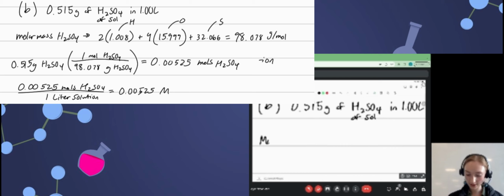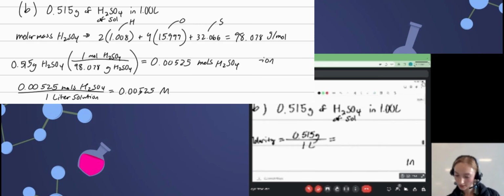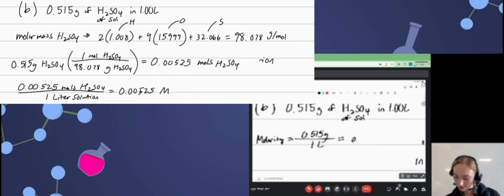So the molarity equals 0.515 grams over 1 liter, and so that'll give us the same number back, and so we will have 0.51 molarity for this problem.